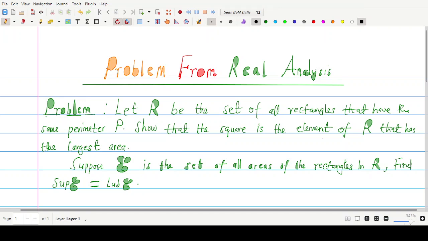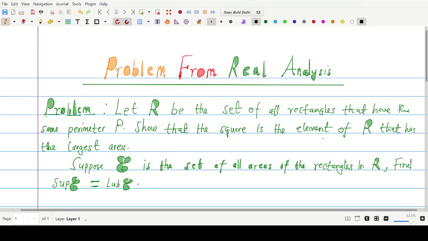Now, the problem states, let R be the set of all rectangles that have the same perimeter P. Show that the square is the element of R that has the largest area.